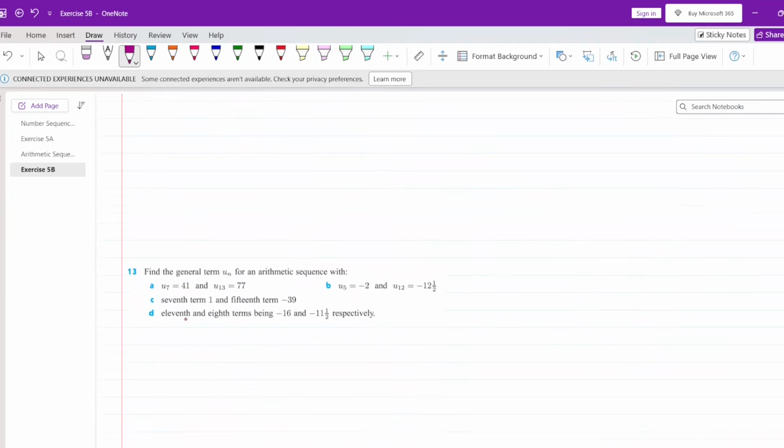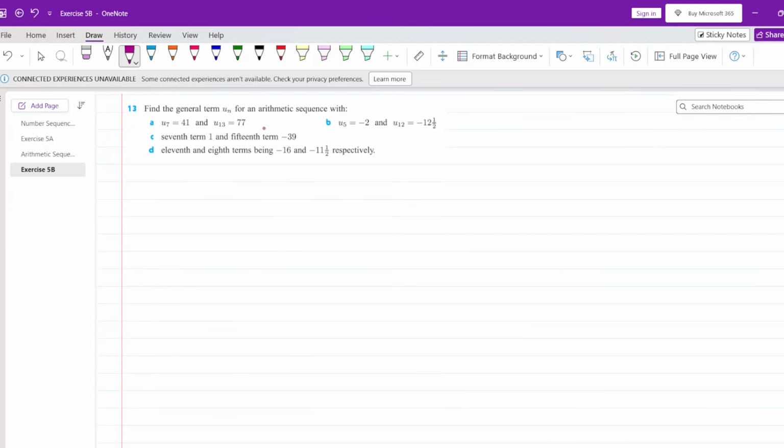Let's go to the next question. Find the general term un for an arithmetic sequence with u7, we know is going to be u1 plus 6d, and it is equal to 41. u13, we know this should be equal to u1 plus 12d, and this is equal to 77. Now this is equation 1, this is equation 2.